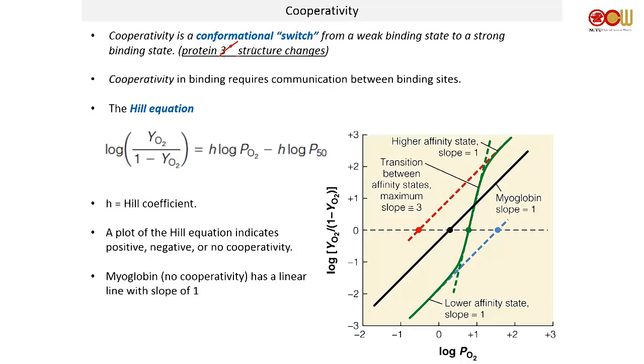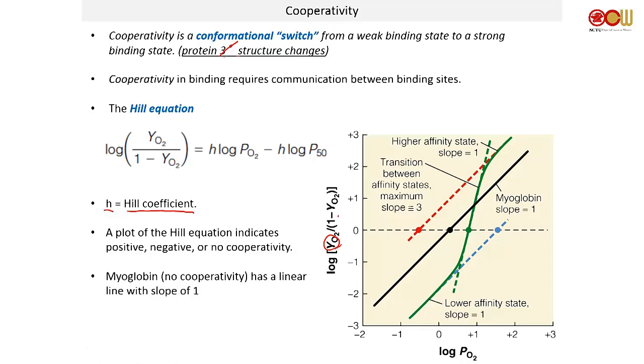So here we have the Hill equation. Don't worry too much about where I got this Hill equation. Just know that H is equal to the Hill coefficient. Then you plot the log of bound over unbound versus the log of PO2.